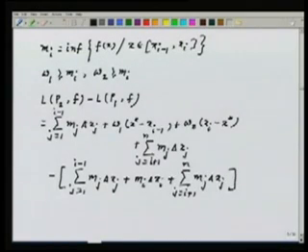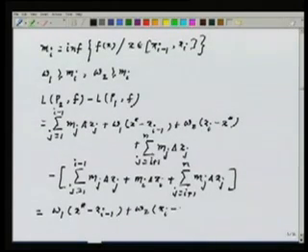I have just written down the definition of LP1F and LP2F. Now if I compare, I see that all the terms cancel each other, and what remains is W1 times (x star minus xi minus 1) plus W2 times (xi minus x star) minus mi times (xi minus xi minus 1).